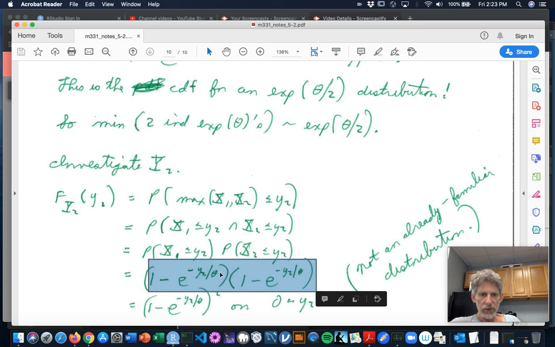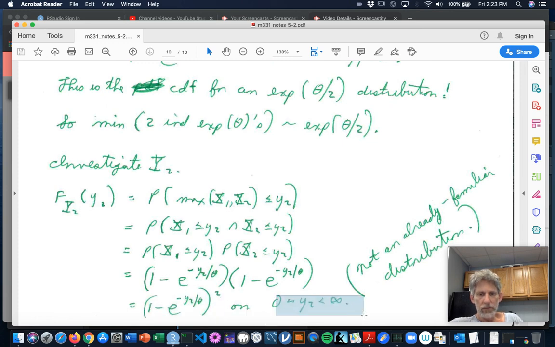So it's two things that are the same, multiply them together, you get the square. And it's that on this support. That doesn't look really familiar to me, so I don't know of it as some already known important distribution, but it's there. We found it with the CDF technique.